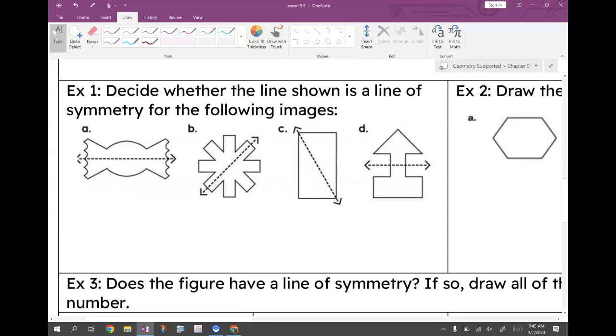All right, example 1. To decide whether the line shown is a line of symmetry, so can you fold it over that line and it be equal? Give me a yes or no for A. Yes. No. That one is actually no. Picture that.